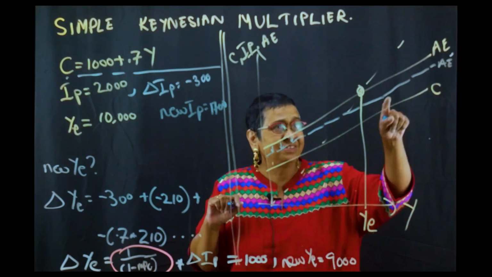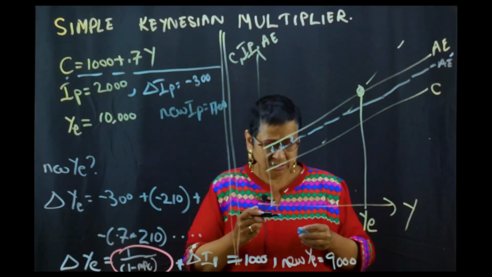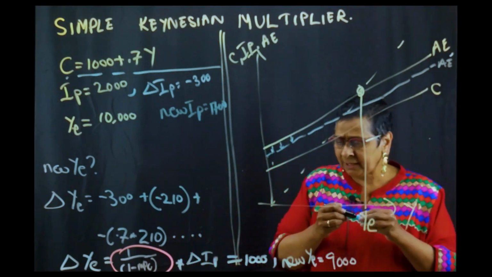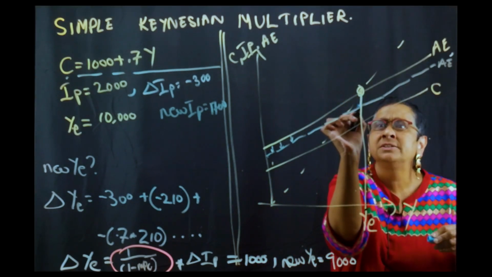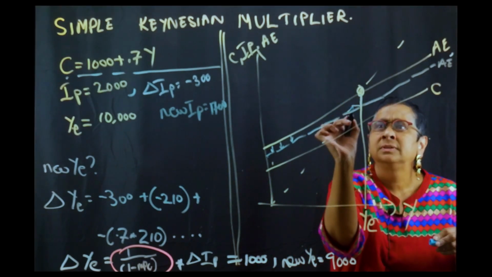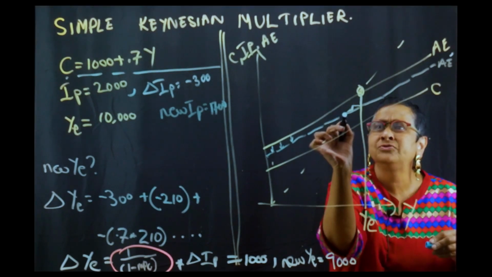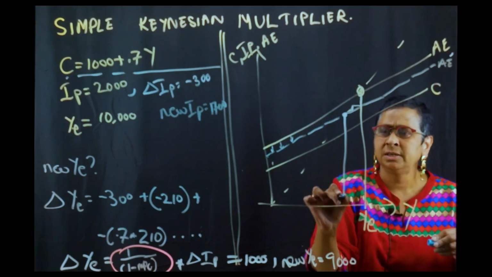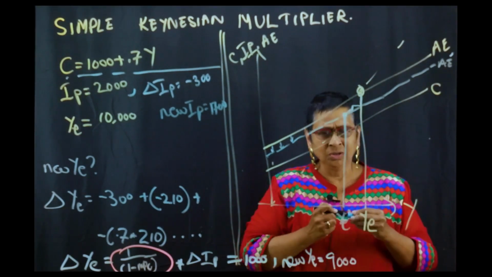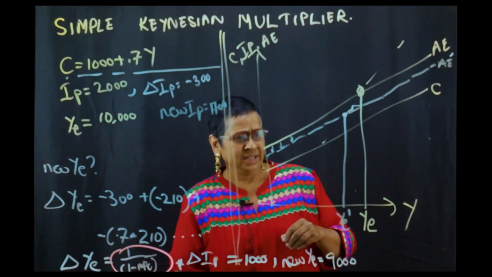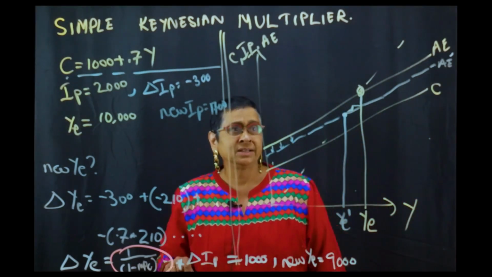Right? If that's the new aggregate expenditure, what I'm tracking is a process that looks like this. This went down, income went down. This went down, income went down, and so on. And the process finally stops here at the new equilibrium level of incomes and expenditures, which would be 9,000.